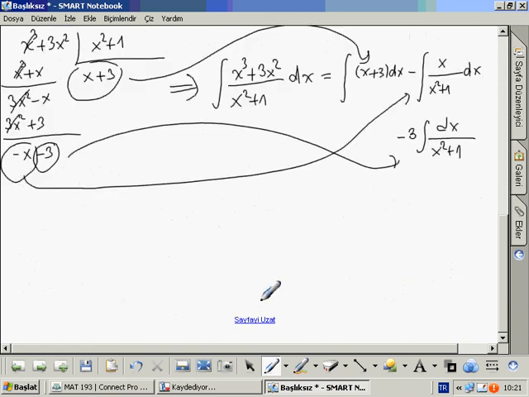After that it equals, the integral of x plus 3 will be x squared over 2 plus 3x, and minus 1 over 2 ln of x squared plus 1, and minus 3 times inverse tangent x, plus c.